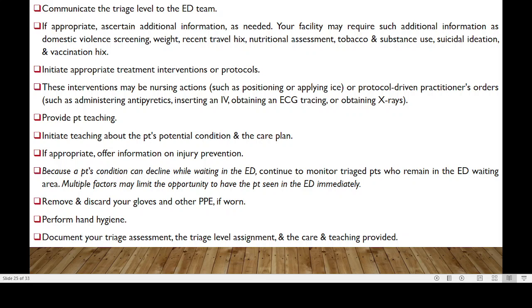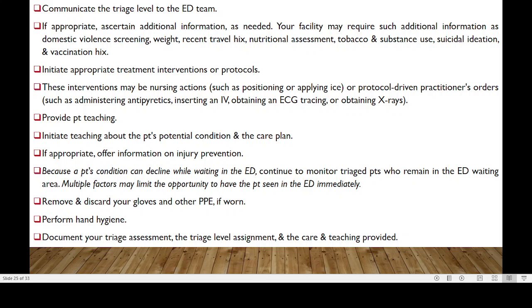You initiate appropriate treatment interventions or protocols. These interventions may be nursing actions, like positioning or applying ice, or protocol-driven practitioner orders, like administering drugs, antipyretics like paracetamol, inserting an IV access, obtaining an ECG tracing, or obtaining an X-ray, just to rule out cervical injuries.